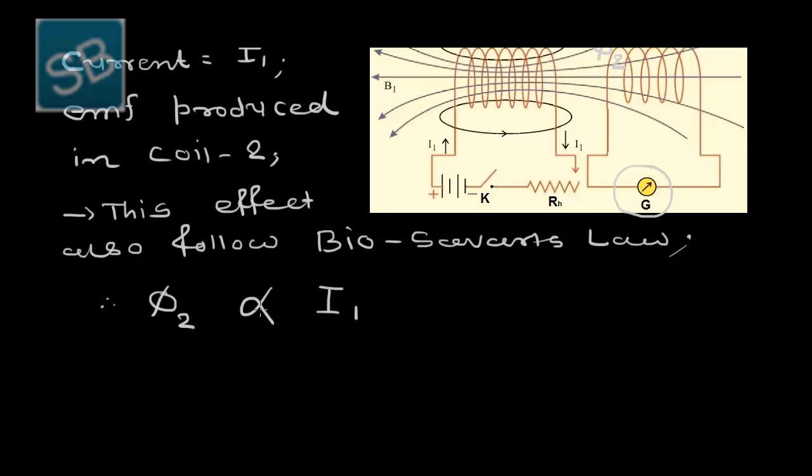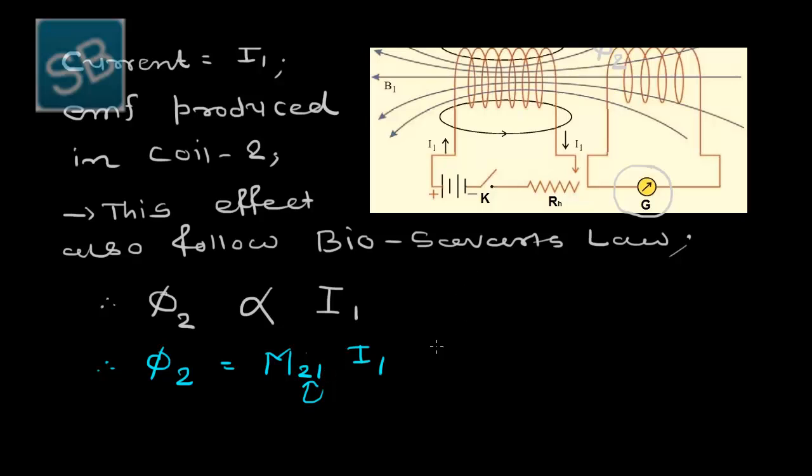Now, if I want to remove this proportion, then I have to put some proportionality constant, and here I am putting M21. Here M21 is the constant, but in general this is the mutual inductance appearing in coil 2 due to coil 1. So this is the actual concept.